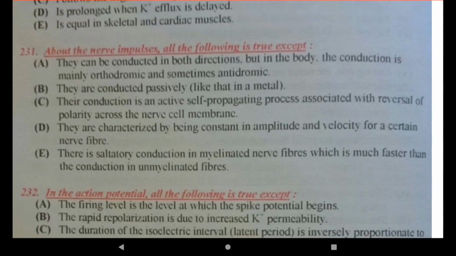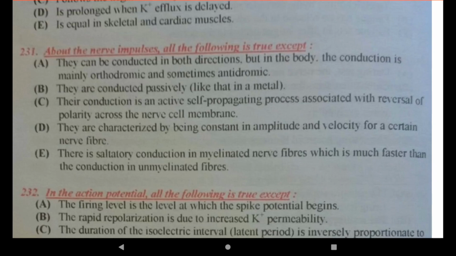We are looking out for something that is not true. C. Their conduction is an active self-propagating process associated with reversal of polarity across the nerve cell. D. They are characterized by being constant in amplitude and velocity for certain nerve fibers. E. There is saltatory conduction in myelinated fibers, which is much faster than conduction in non-myelinated fibers.